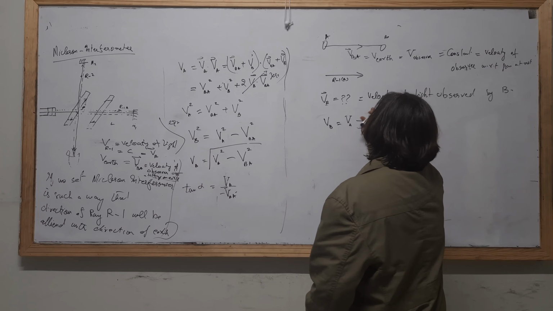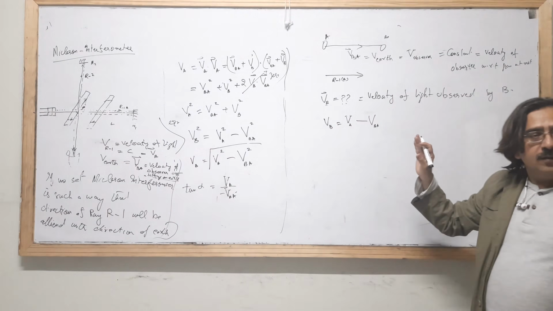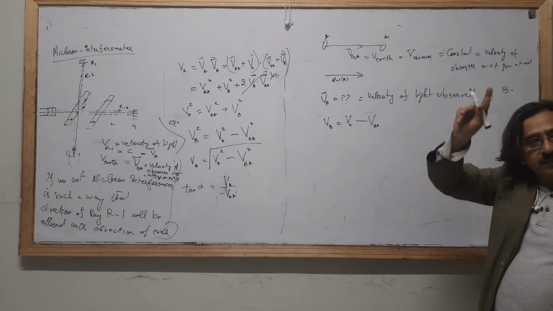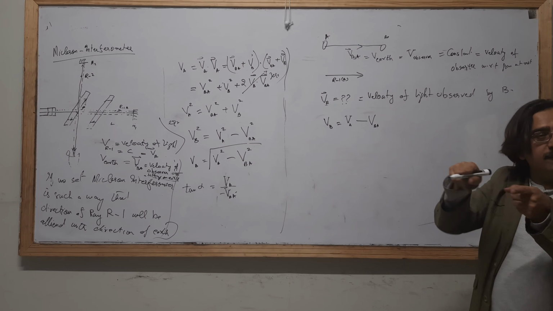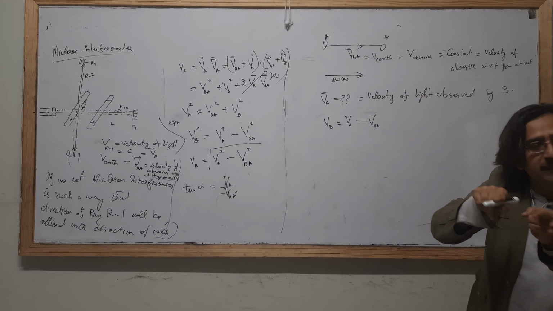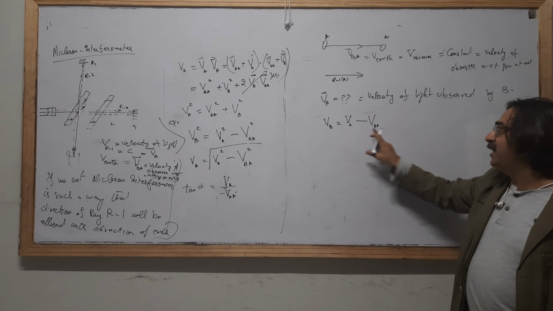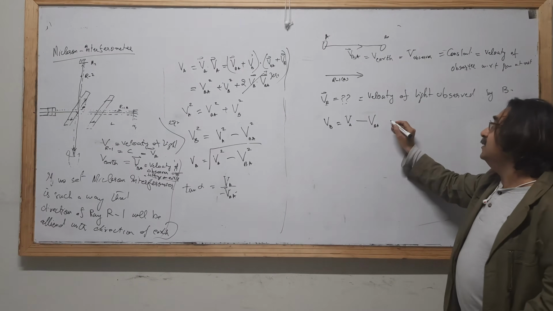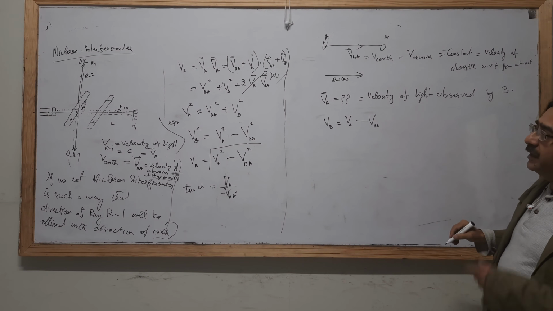Okay, that was the formula. In case 1, both are moving in the same direction, then VB equals VA minus VBA. VA is, what is the VA?